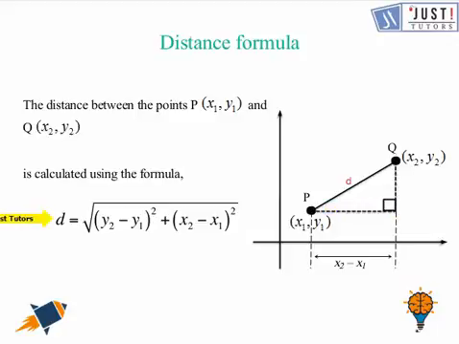Putting them in the Pythagoras theorem, this is what we have as the distance formula: d equals the square root of (y2 minus y1) squared plus (x2 minus x1) squared. Adding them together and taking the square root gives us the hypotenuse, or the distance between the two points.